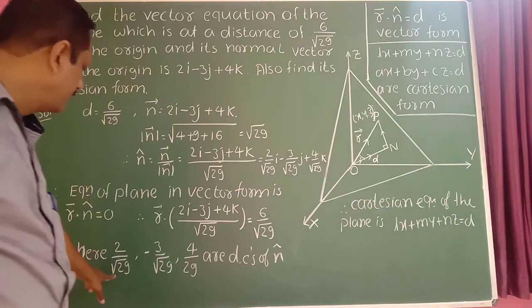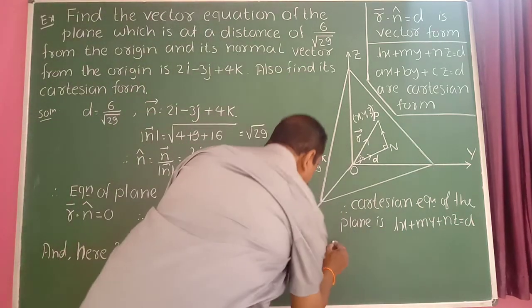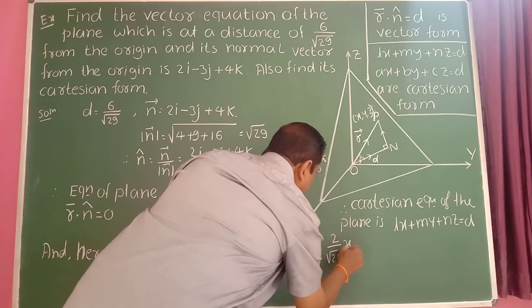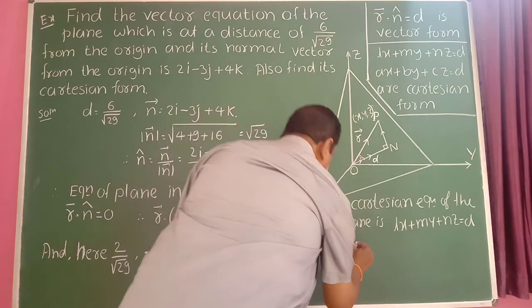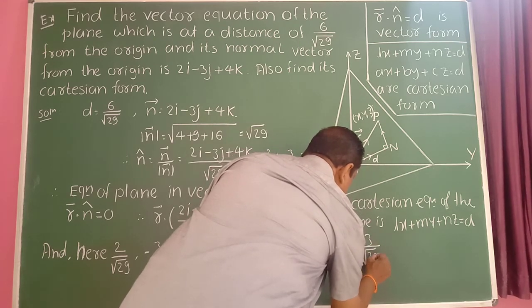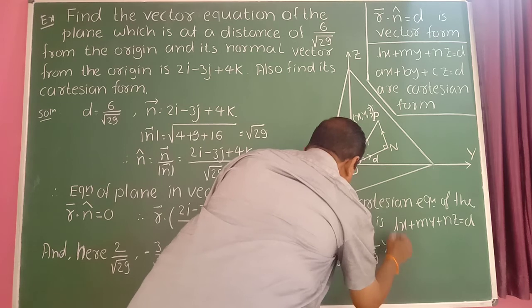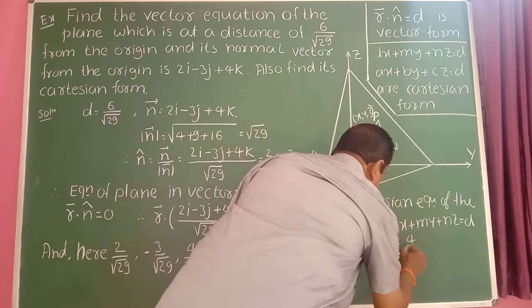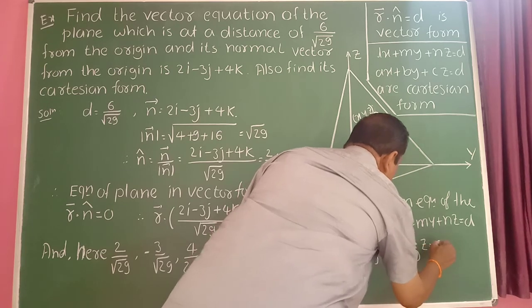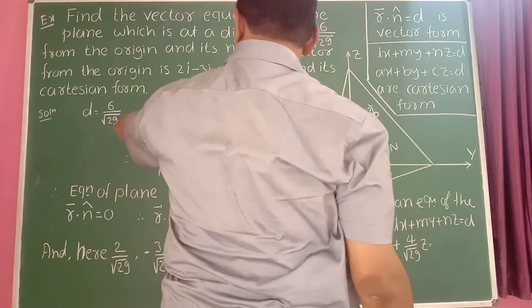Therefore, l is 2 by root of 29 into x, minus 3 divided by root of 29 into y, plus 4 divided by root of 29 into z is equal to d, which is 6 by root 29.